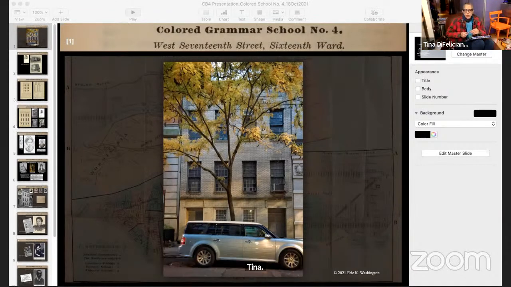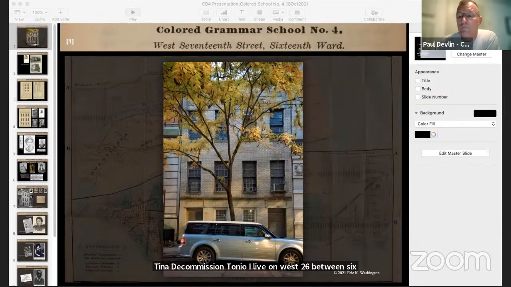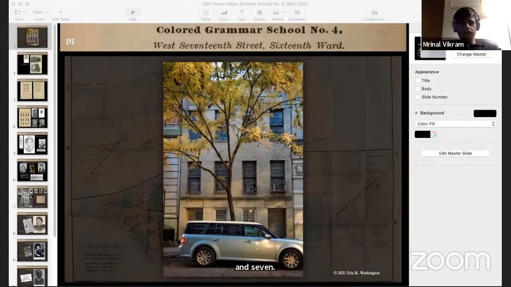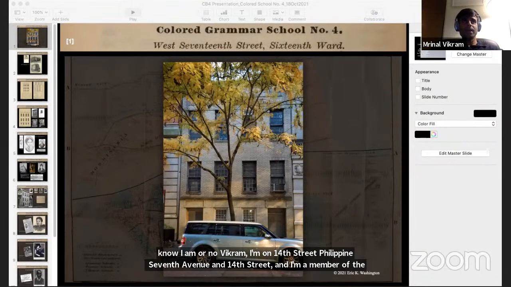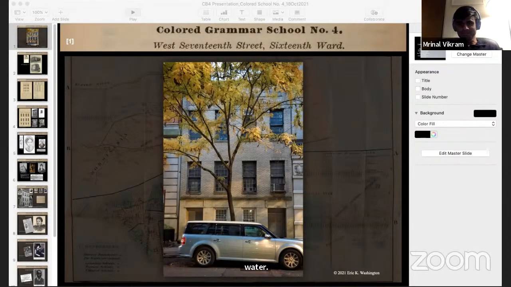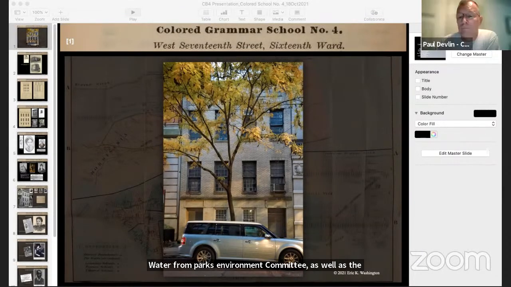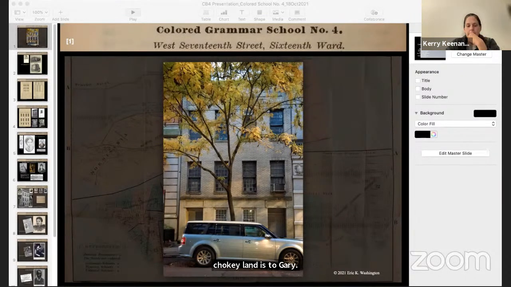I live on West 26 between 6th and 7th. Hi, I'm Renal Vikram. I'm on 14th Street between 7th Avenue and 14th Street, and I'm a member of the Waterfront Parks and Environment Committee, as well as the Chelsea Land Use Committee. Hi, I'm Carrie Keenan. I live on West 21st, and I am a committee member.